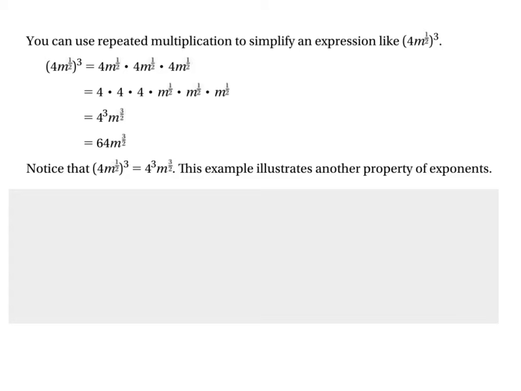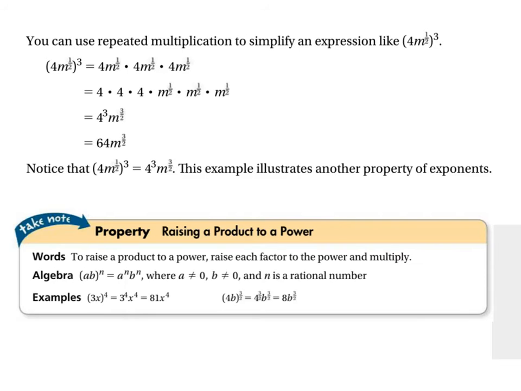Okay, and this example illustrates another property of exponents, which is when you raise a product to a power, you raise each factor, each thing that's in there. In this case, there was the 4 and there was the m to the 1/2. You raise each factor to that power and multiply. So if you have things like this being multiplied together, just like you have the 4 being multiplied with the m to the 1/2, you put that exponent on each one.